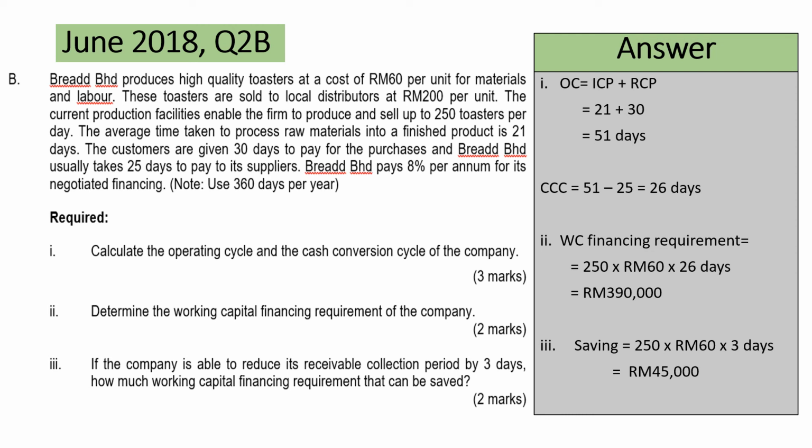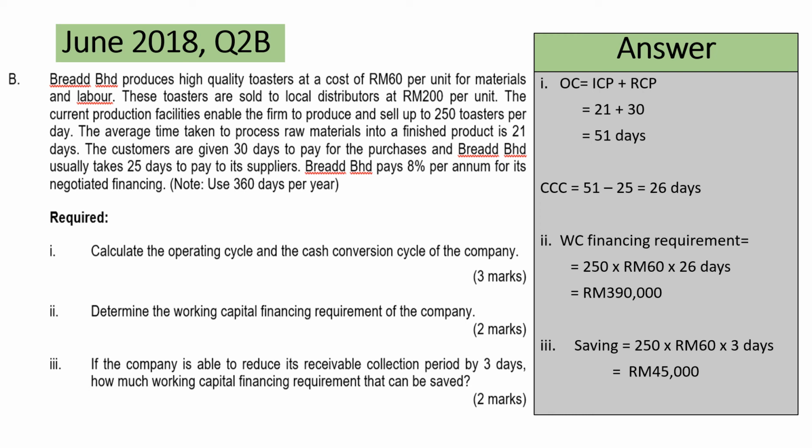The average time to process raw material into finished product is 21 days. So that is the ICP. And then the RCP, the customers are given 30 days to pay for the purchases. So that is the RCP. So the 21 ICP plus the 30 of RCP, the operating cycle is 51 days.